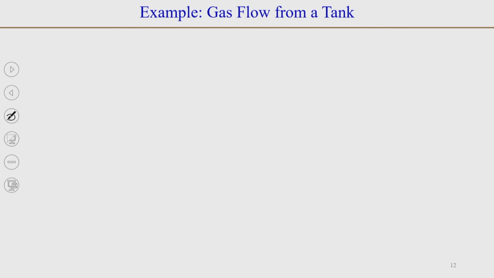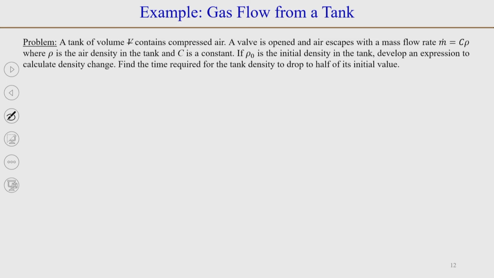Okay. Another example where we are looking at gas flow from a tank, in chemical engineering applications as well as in medical applications, you often have a gas tank from which the flow is coming out or going in. So, if you look at this, a tank of volume V has compressed air in it.